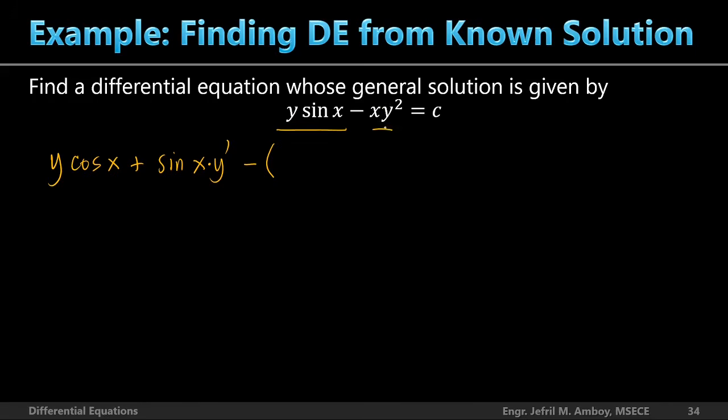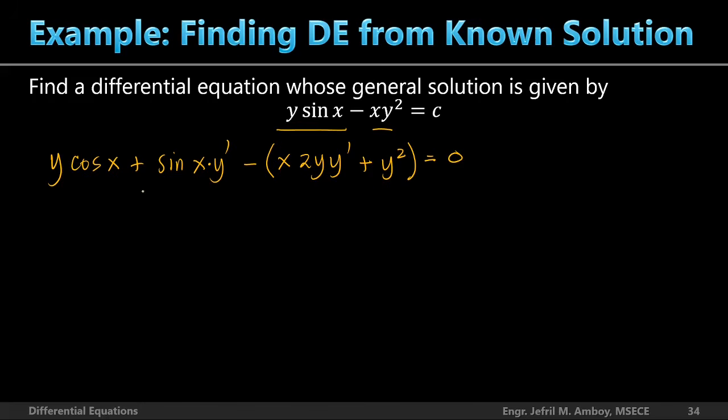So again, this is the derivative of a product. So we have x, and then the derivative of y squared with respect to x is 2y, and then y prime. Okay, and then plus y squared and times the derivative of x, of course, that's 1. So, I will no longer write the 1 there. And then equals the derivative of c, which is an arbitrary constant. So, this will give us 0.